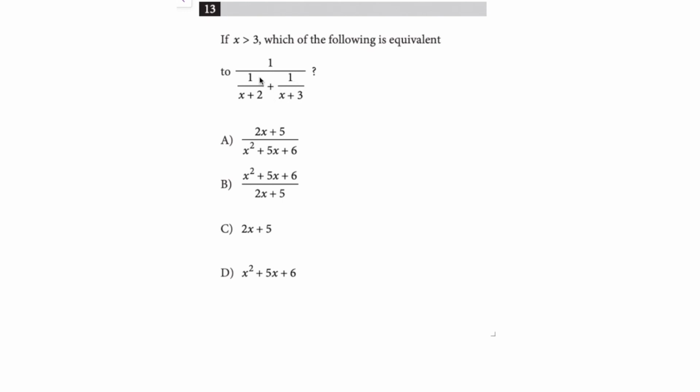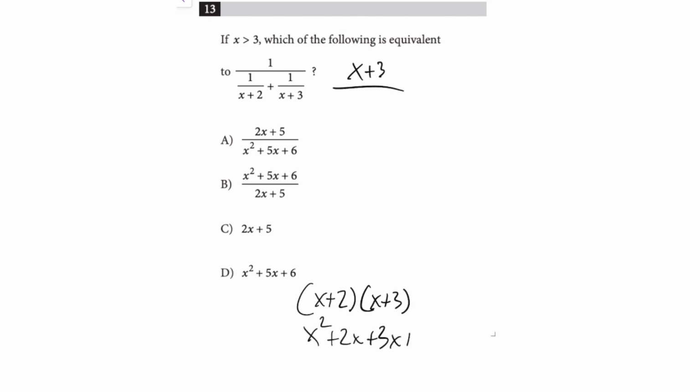So this will be multiplied by x plus 3, this will be multiplied by x plus 2. So I know I'm going to have x plus 3 over, and then if I do x plus 2 times x plus 3, I get x squared plus 2x plus 3x plus 6, so that's x squared plus 5x plus 6.